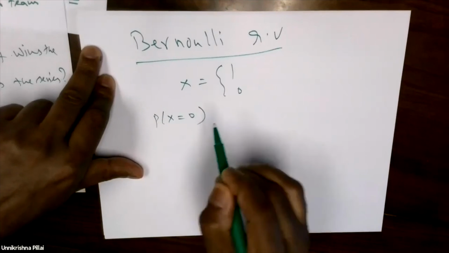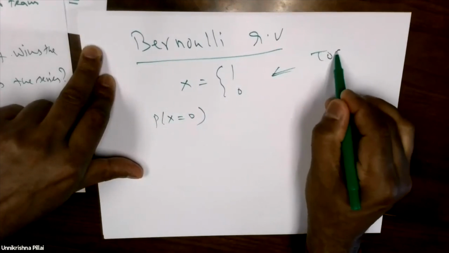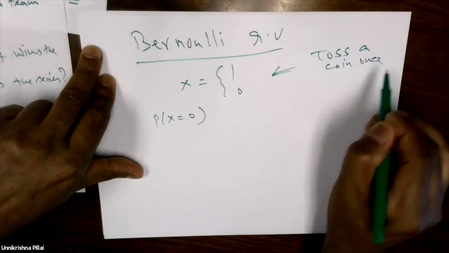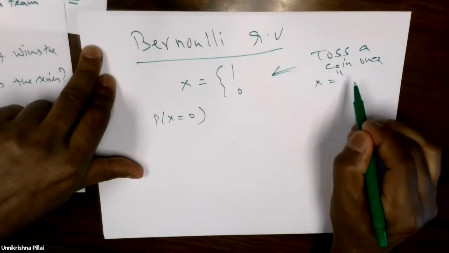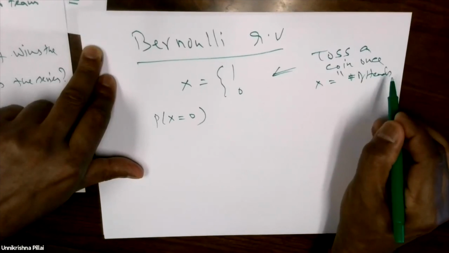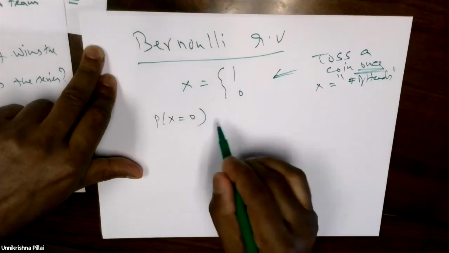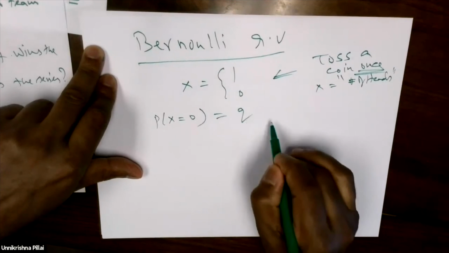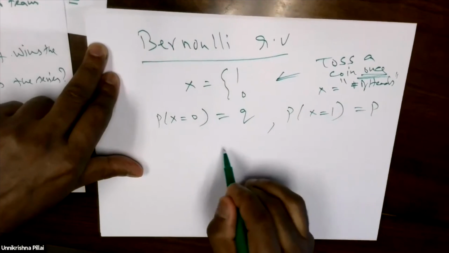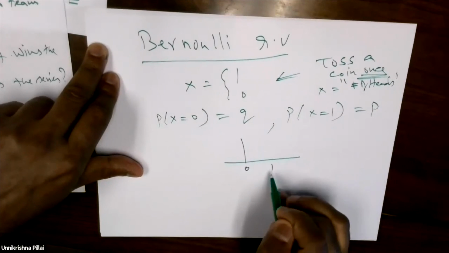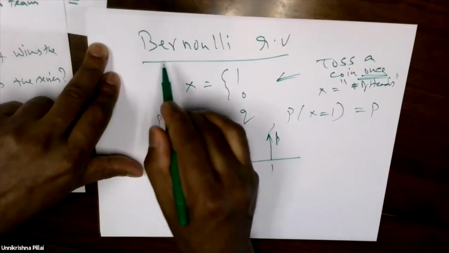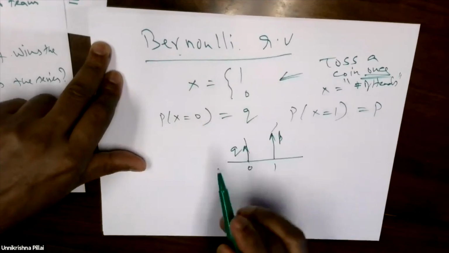So this is the same as tossing a coin once. X represents the number of heads. You are only tossing it once. So probability of x equal to 0 is q, probability of x equal to 1 is p. So if you plot it, at 0 you get a q, at 1 you get a p. So this is a Bernoulli random variable.